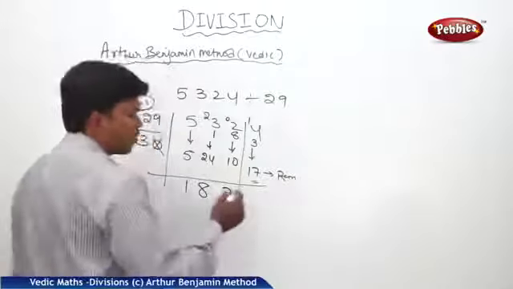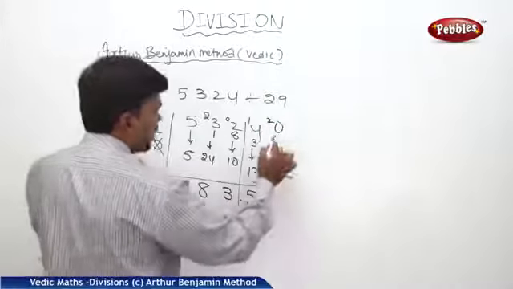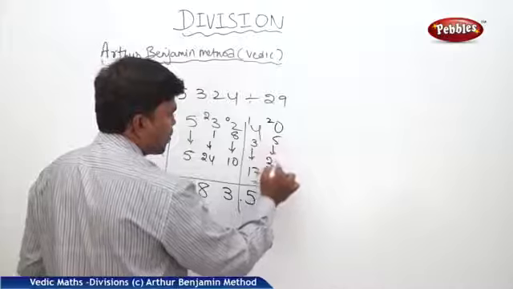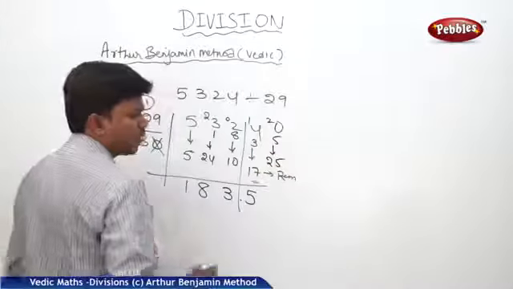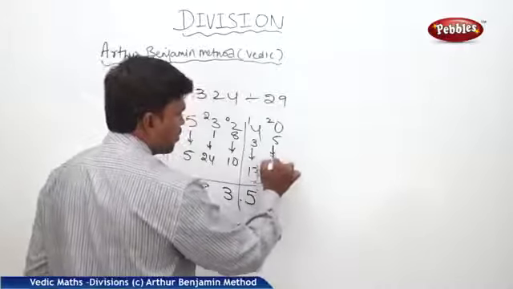Understand? So how many times does it go? 3. 3 fives are 15. 2 will be my remainder. Anyhow, after putting a decimal point, I can add a 0 here. So 5 into 1, 5. So 20 plus 5 is how much? 25. Yes or no? 20 plus 5 will be 25.